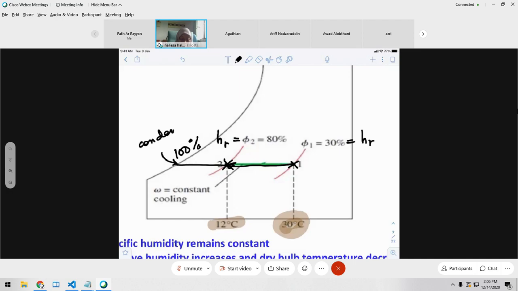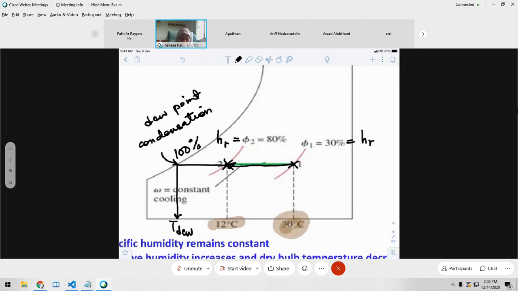That's the state when condensation occurs at the first drop, which is the dew point. Your dew point is always on the 100% saturation. This is your dew point, your dew temperature.